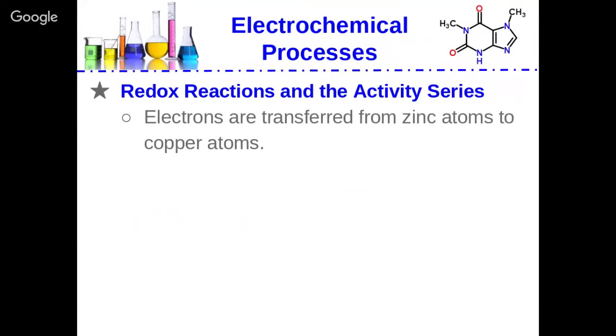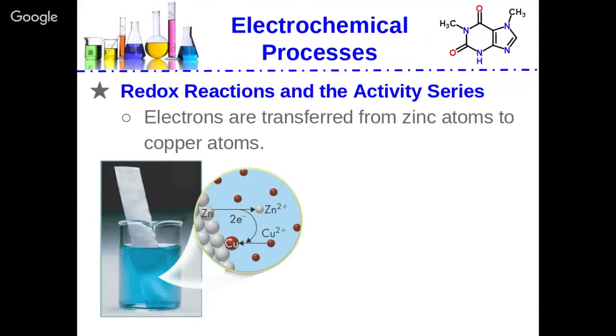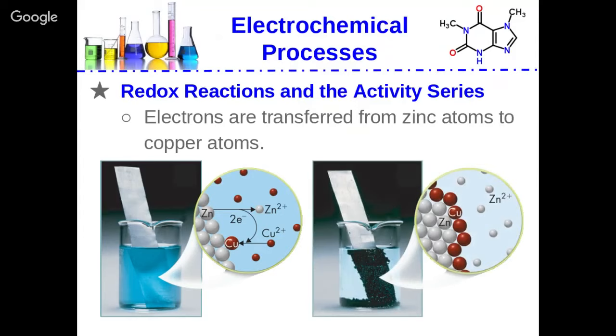Electrons are transferred from zinc atoms to copper atoms. Our zinc goes from zinc solid to zinc 2 plus, and it transfers those 2 electrons to the copper 2 plus in solution, and then that copper plates on top of the zinc. And so we have a copper coating on top of our zinc.